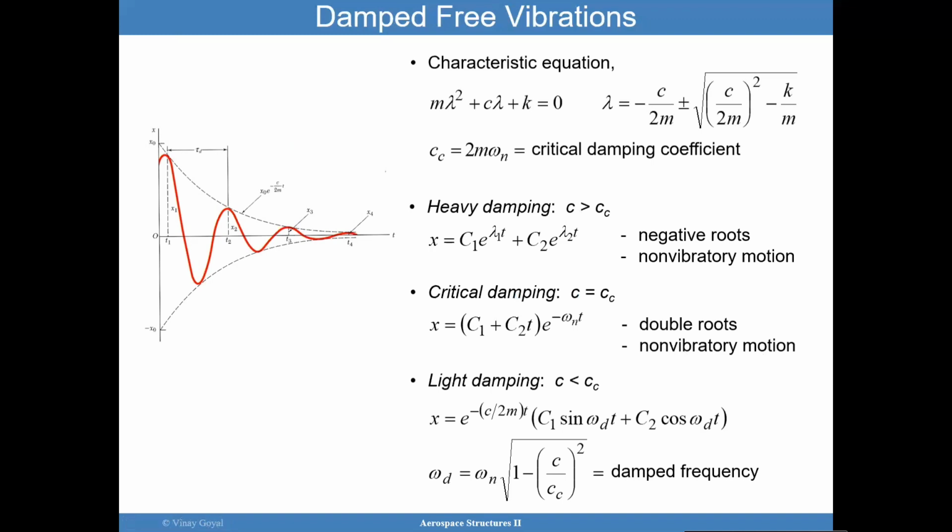All it's going to do is kind of die out. Most likely it's going to follow something like this dash line and die out. The light damping situation, where this coefficient C is less than the critical damping coefficient, then you're going to have this vibratory motion, and it's going to die out eventually.